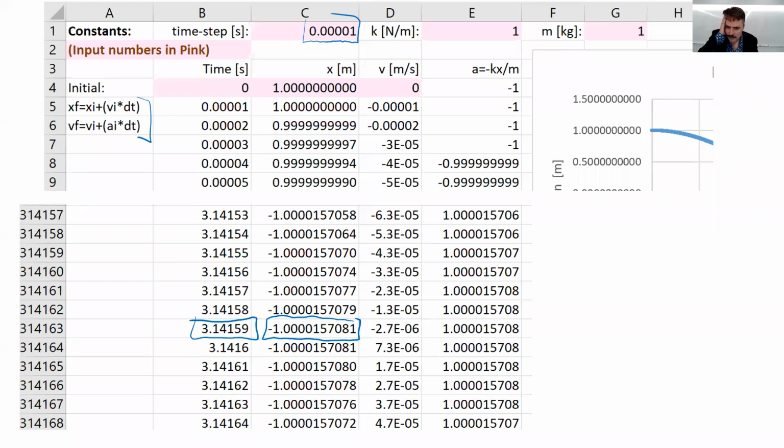I would recommend, if you're going to use this equation, x equals a times cosine of 2 pi t over T, that you have your calculator set in radian mode.